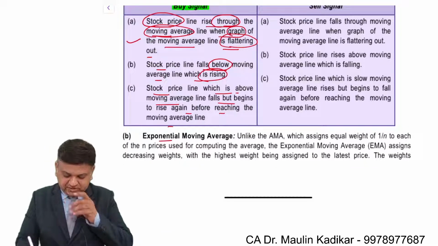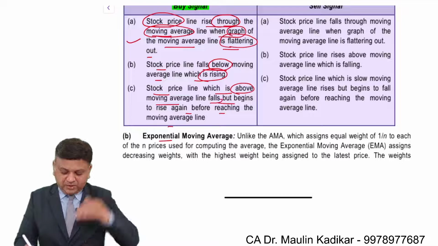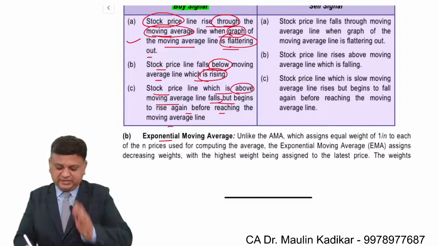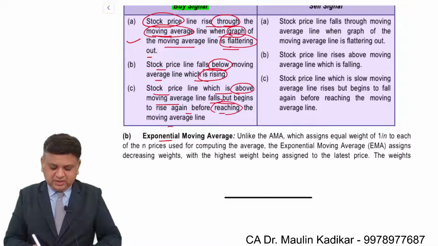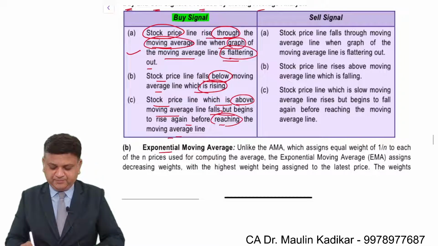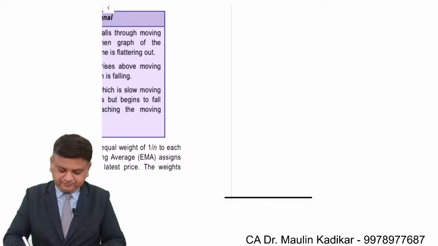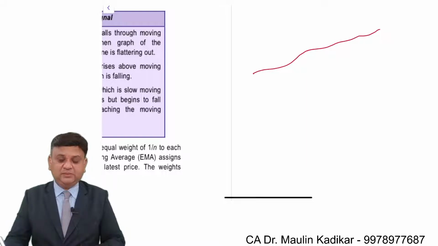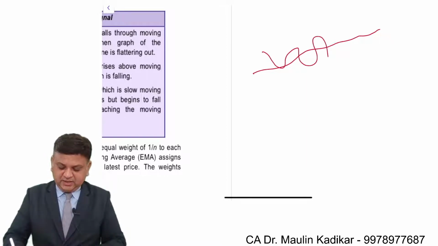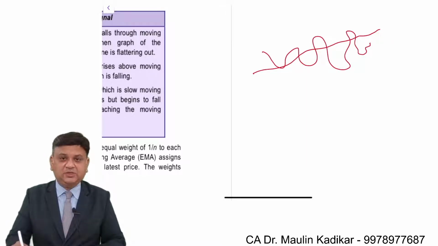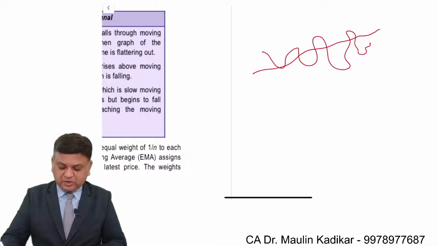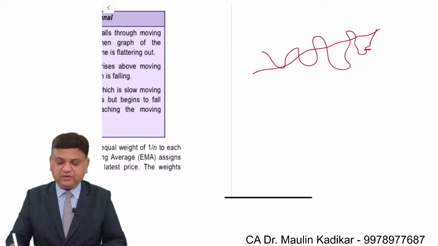Stock price line which is above the moving average line falls but again begins to rise before reaching the moving average line. So we understand, let's say this is the moving average and say it is going up but still it has not crossed this. So at this point of time you should buy it.